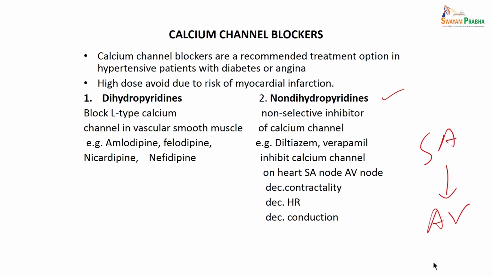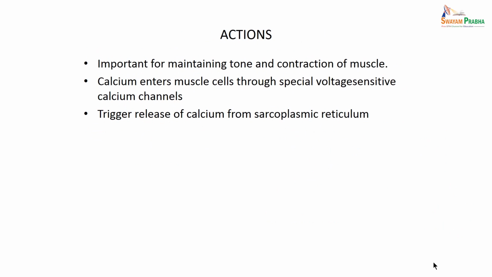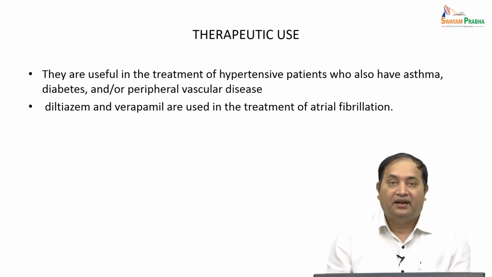So, these are advantages with calcium channel blockers. Now, how does it act? Basically, it is important for maintaining the tone and contraction of the muscles. Calcium enters the muscle cell through special voltage-gated calcium channels and triggers the release of calcium from the sarcoplasmic reticulum. So, this is the mechanism of calcium channel blockers.